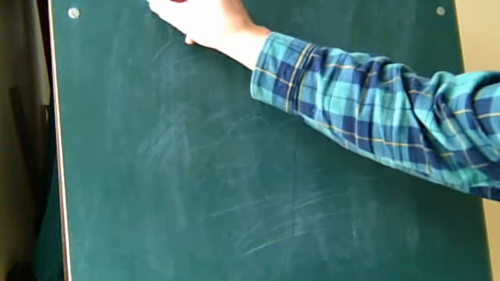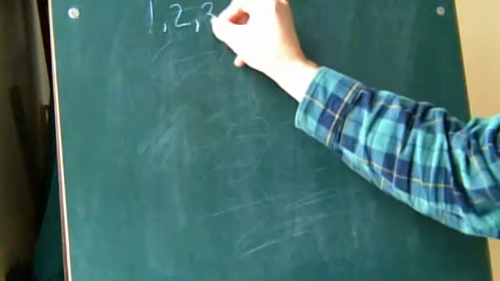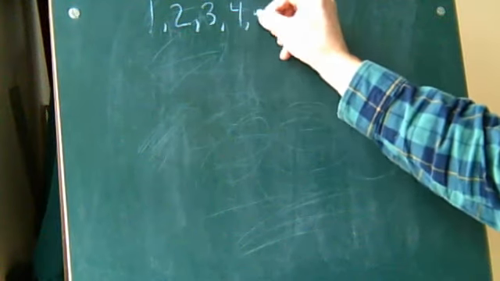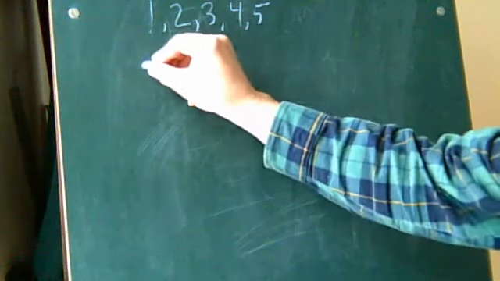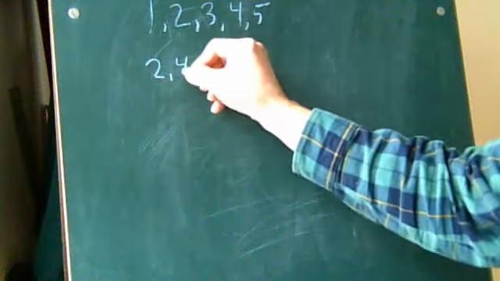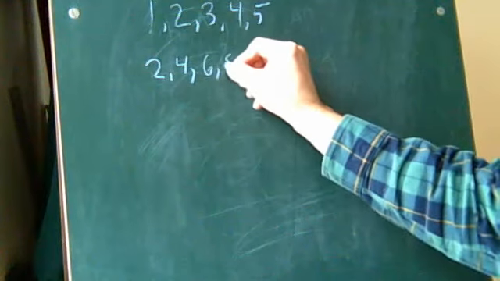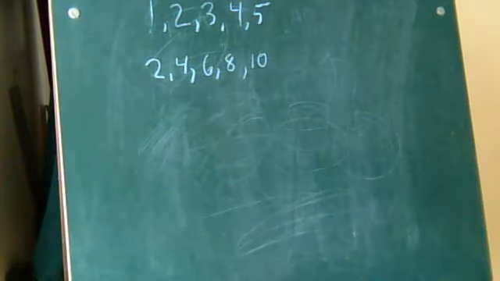Okay, now the arithmetic series that I just showed Frosty was this one: 1, 2, 3, 4, 5. And we also talked about another one: 2, 4, 6, 8, and 10. An arithmetic series is just a list of numbers.